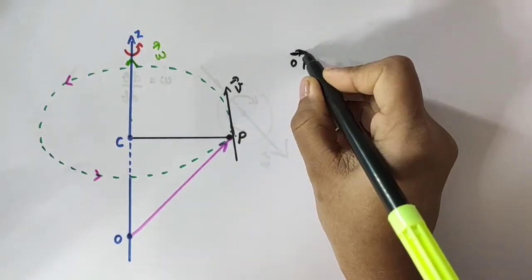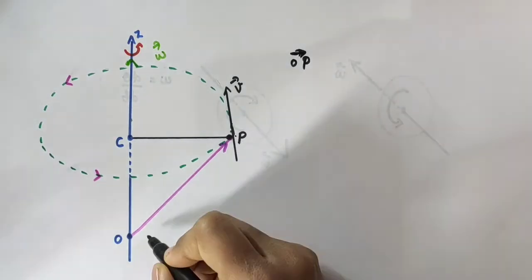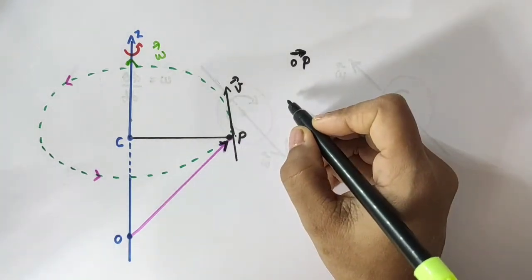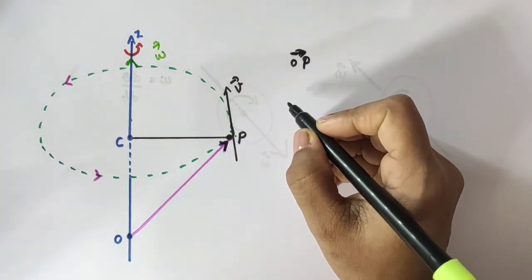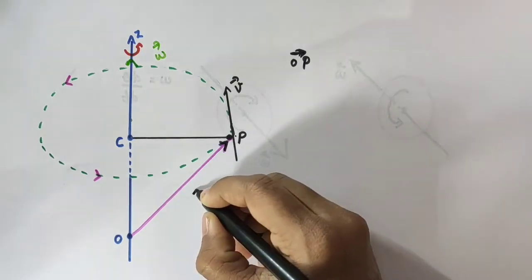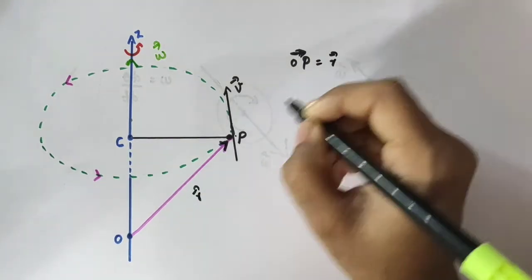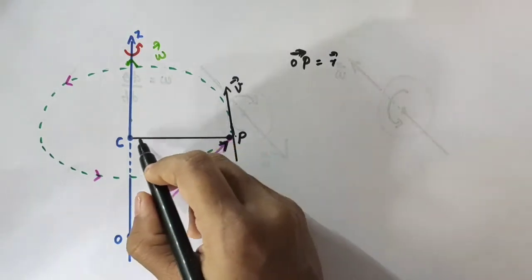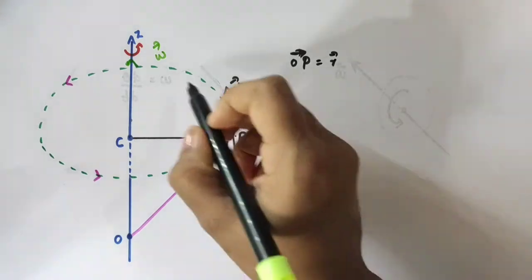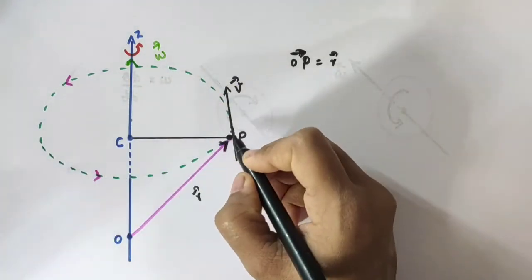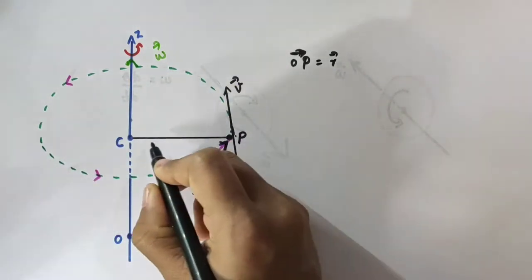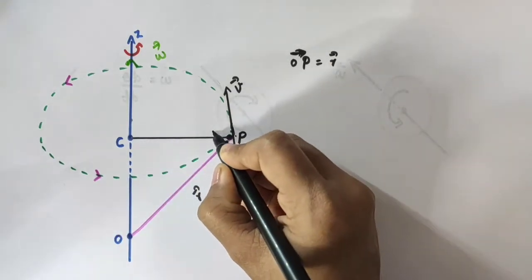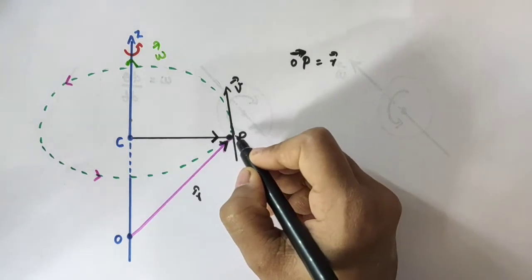Let this position vector be vector R. Here we have CP as the radius of the circular path described by the particle at P. So the radius vector is directed from the center to the point P.